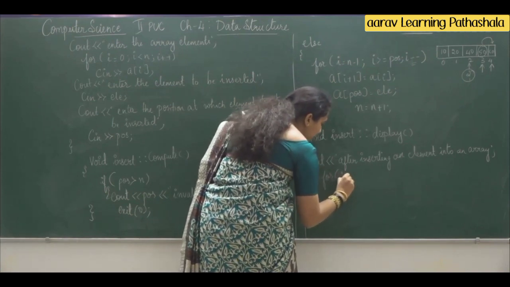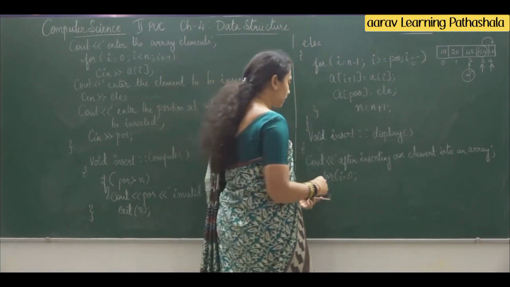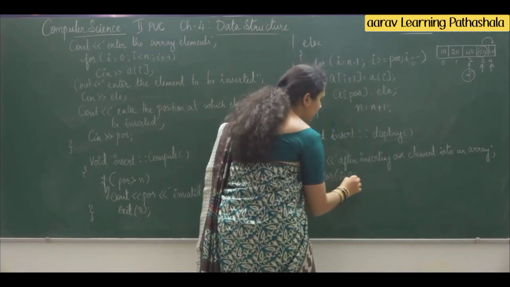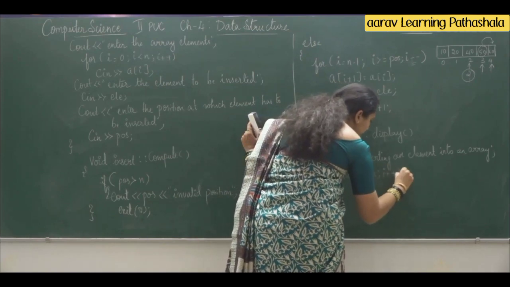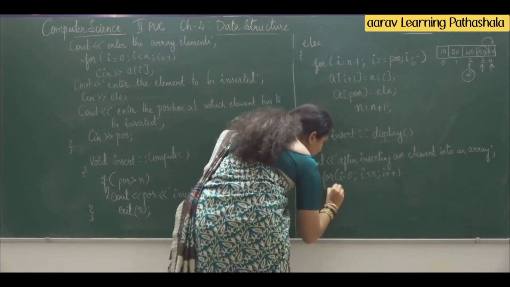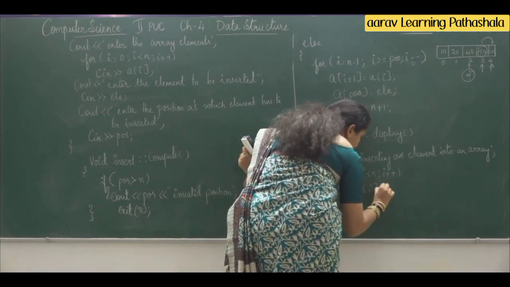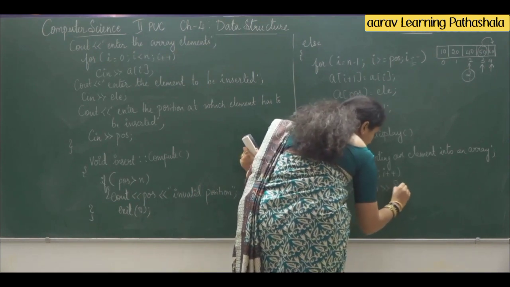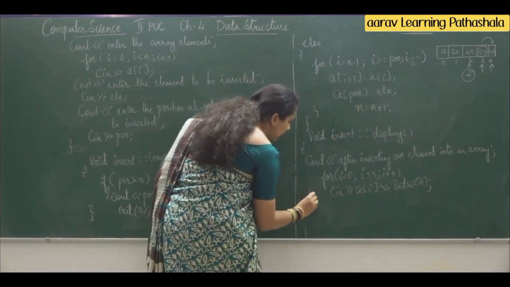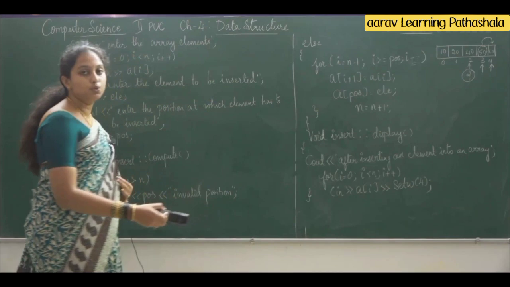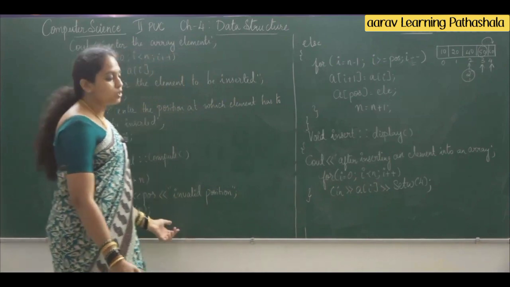So from the first position till the last position I have to display the elements, so for i is equal to 0, i less than n, i plus plus, cout A of i, setw of. So why are we using the setw function here? The setw function is used to set the required field width between the array elements.